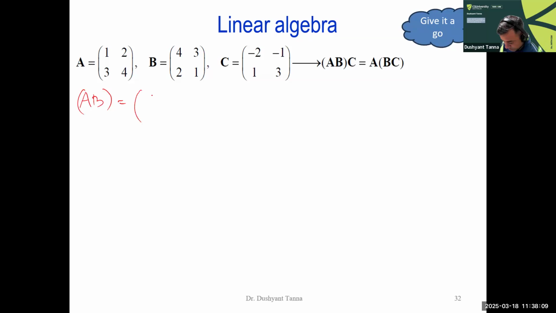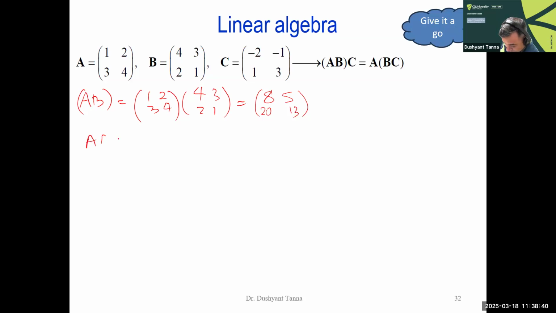So AB is 1, 2, 3, 4, times 4, 3, 2, 1. It's a 2 by 2. I'm going to do it directly, otherwise there'll be so many steps, right? So 1 with 4, 2 with 2, so that's 8. 1 with 3, 2 with 1, so 5. 3 with 4, 4 with 2, so that's 20. 3 with 3, and 4 with 1, so that's 13.